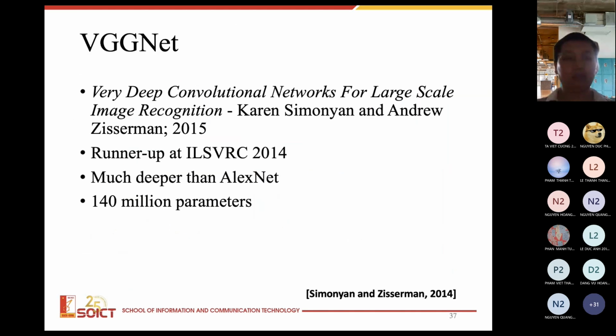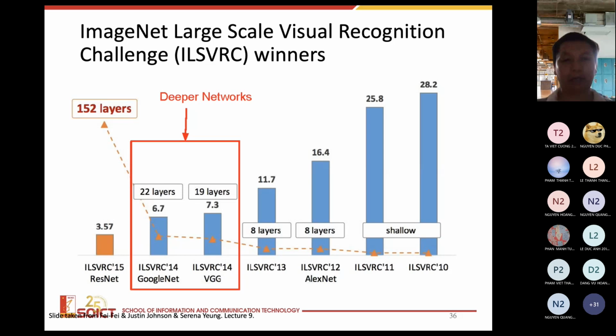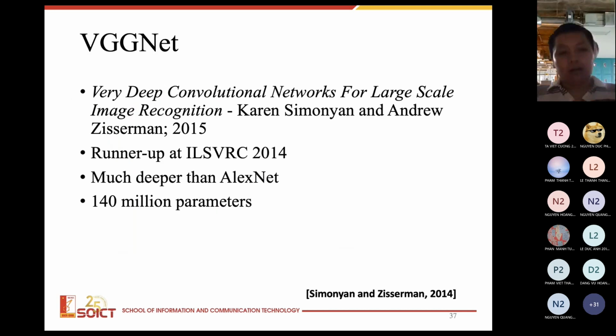Okay, so now we will continue with the introduction to VGG and GoogLeNet. VGGNet. VGG is introduced in the paper Very Deep Convolutional Networks for Large-Scale Image Recognition by Karen Simonyan and Andrew Zisserman in 2015.